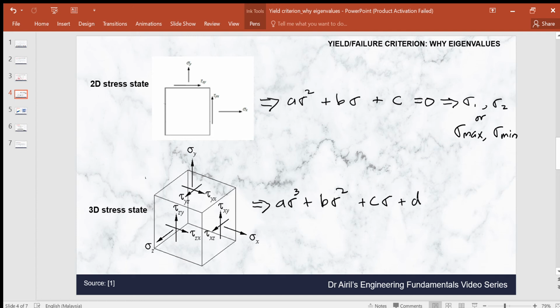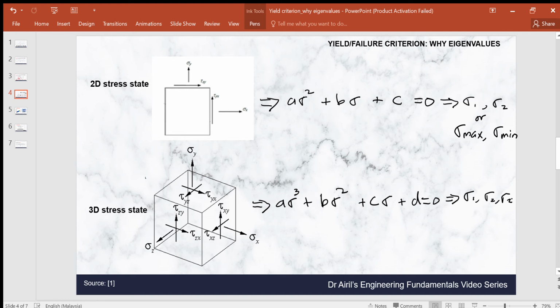And we should know that if we have a cubic polynomial, we should have 3 roots, which also means that we should have 3 principal normal stresses.